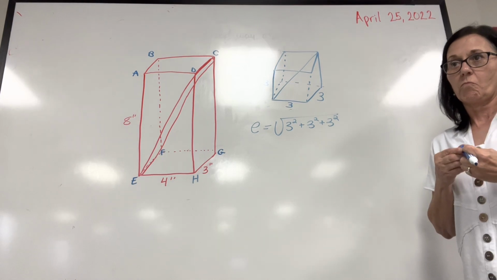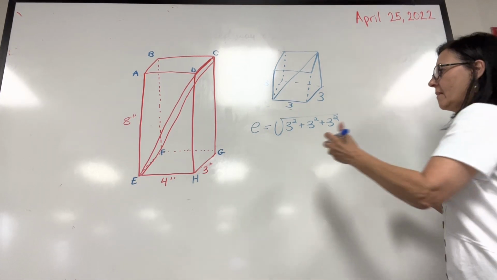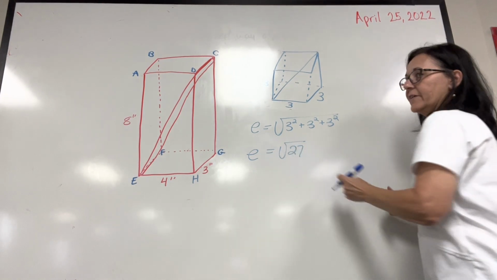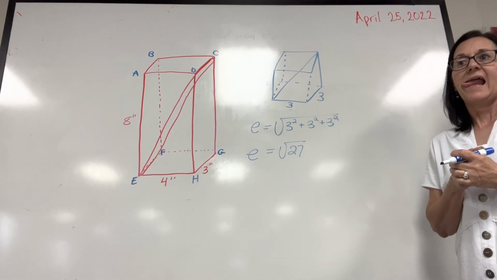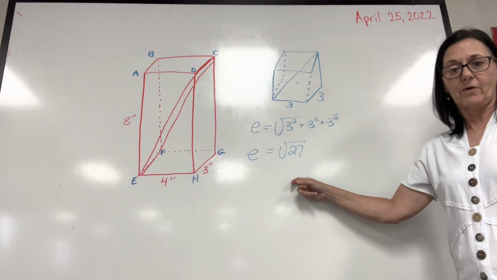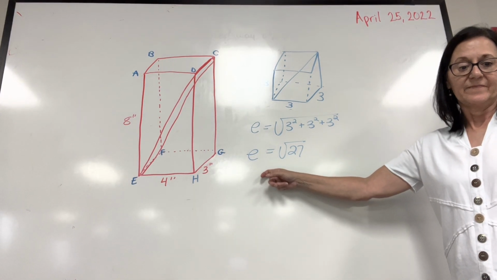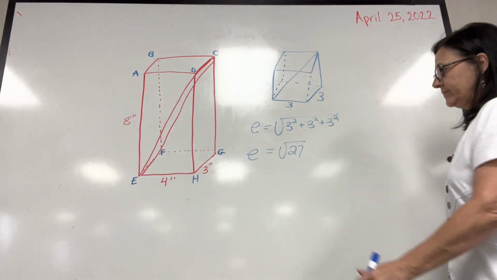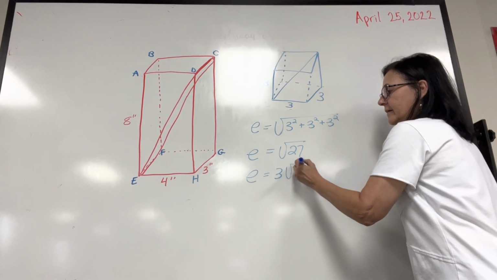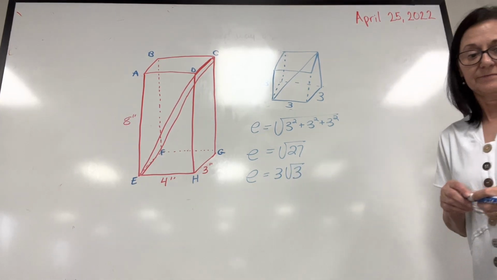That's 27, the square root of 27. And 9 goes into that, so it would be 3 times the square root of 3.